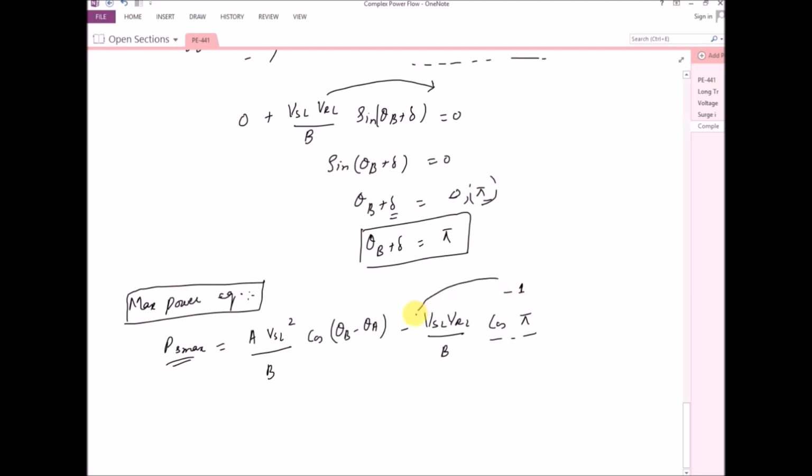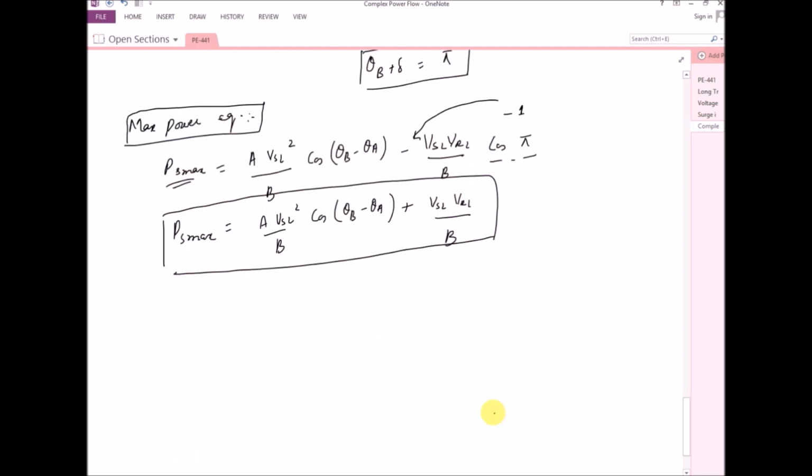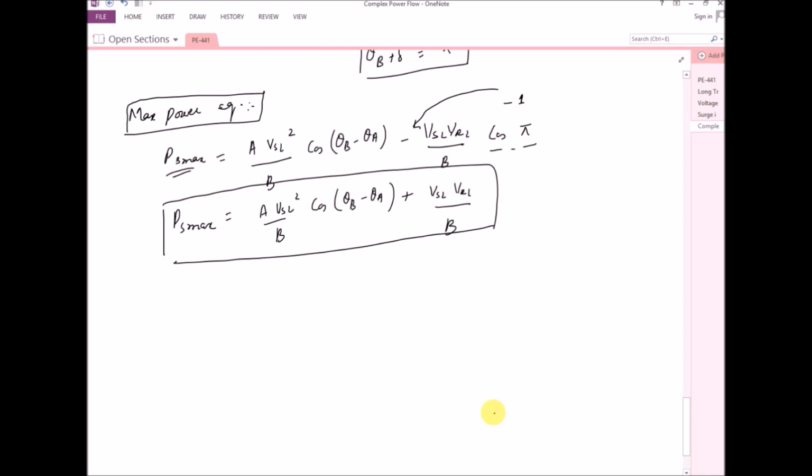So this minus will be multiplied by the minus before it, and it becomes A VSL square over B cos theta B minus theta A plus VSL VRL over B. So this is the equation for the maximum power at the sending end, or maximum power transfer equation. This is the power that can be sent from the sending end towards the receiving end.